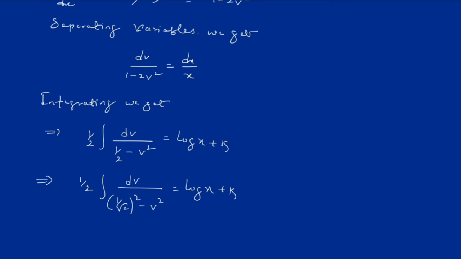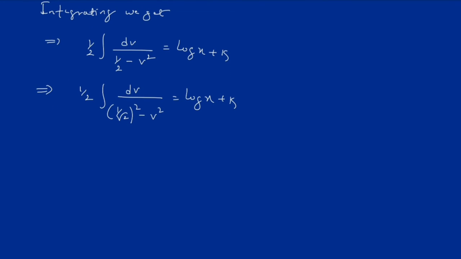So now, which is equal to 1 by 2 as it is, which can be written as 1 upon 2a, it is 2 into a, that means 1 by root 2, log of a plus x upon a minus x, that is 1 by root 2 plus v upon 1 by root 2 minus v, which is equal to log x plus k.